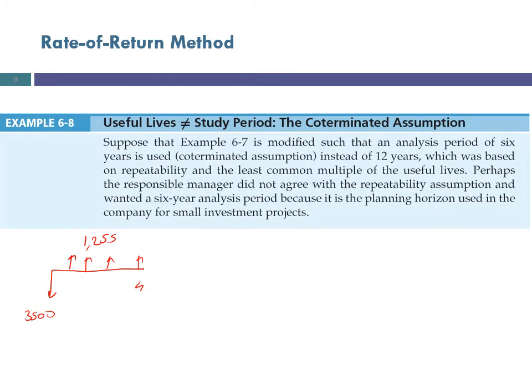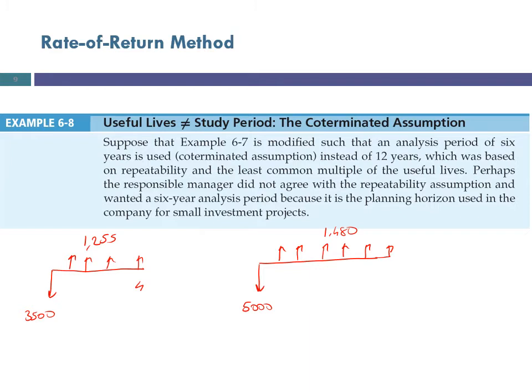And for B, the initial capital investment was 5,000, and the useful life was 6 years, and the amount of revenue at each year is 1,480.